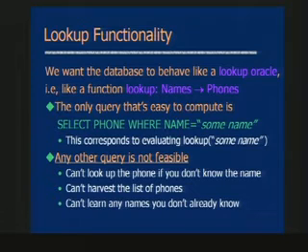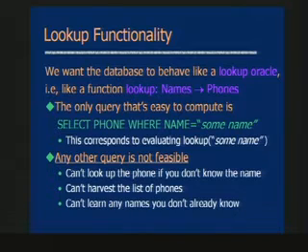Let me try to make what I just said a little bit more precise mathematically. I'll do this on the next slide, but here it's a little bit more rigorous. Somehow I want to mutate the database so that it starts looking like a lookup oracle. That is, the database is like a function from names to phones.